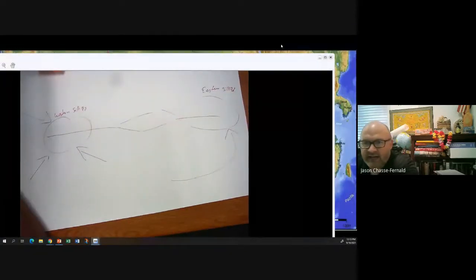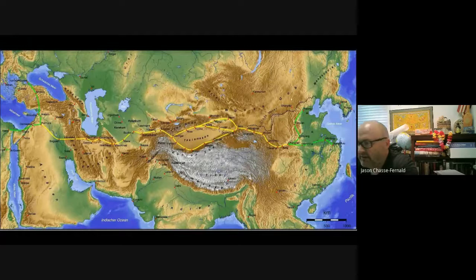When we talk about the revival of the Silk Road, we know that it does diminish. After the Han Dynasty collapses, you'll see a diminishing of it. You'll see an increase during the Sui and early Tang, but a decrease in the significance of the Silk Road during the late Tang, as the economic center of gravity shifts in China from Chang'an over towards Hangzhou.